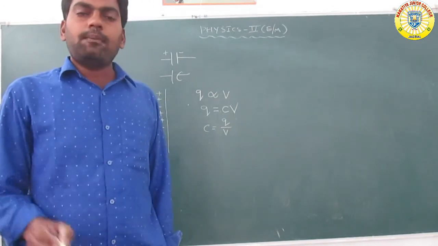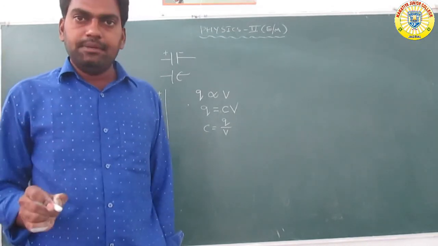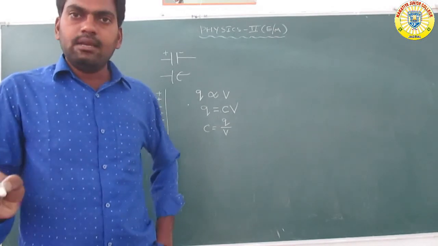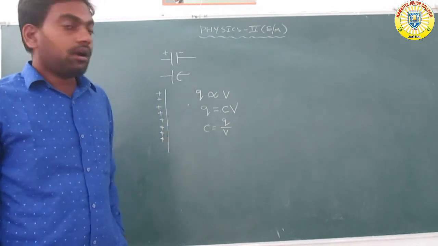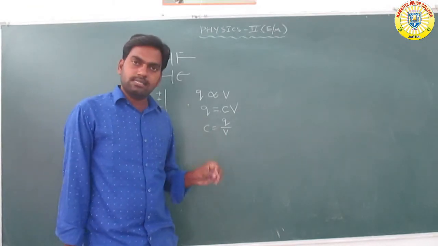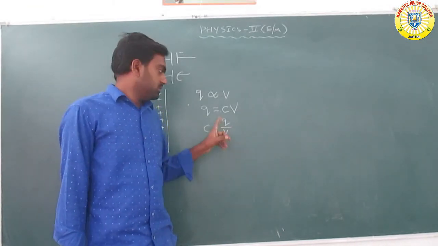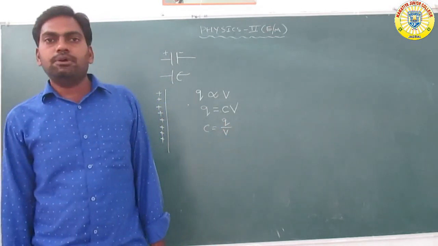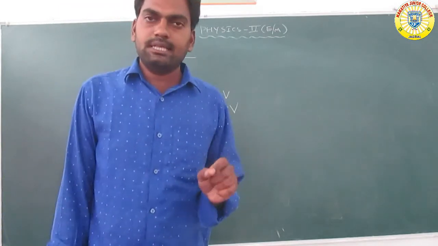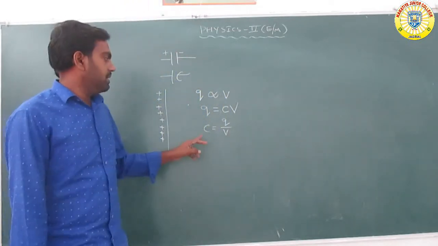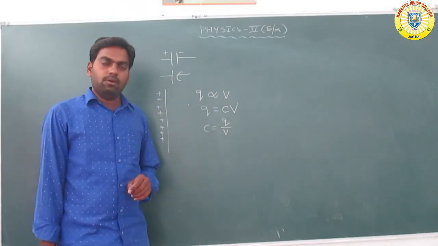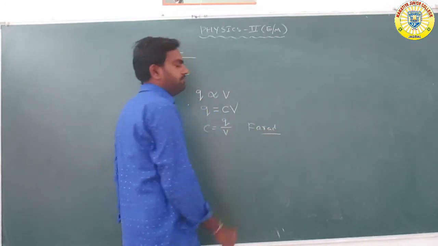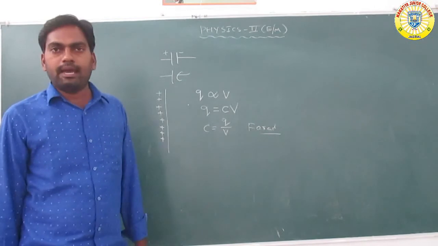C means capacitance, C is equal to Q by V. According to the definition, the ratio between charge and potential difference is called capacitance. The unit is measured in farad.